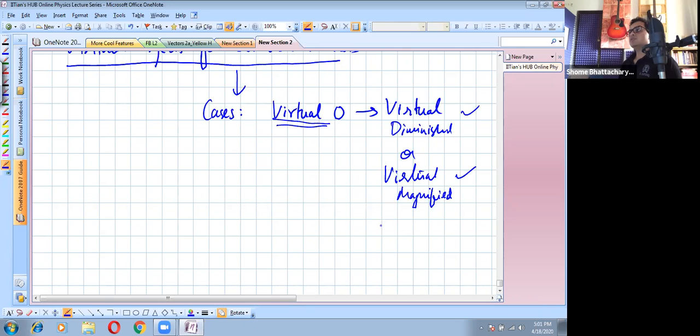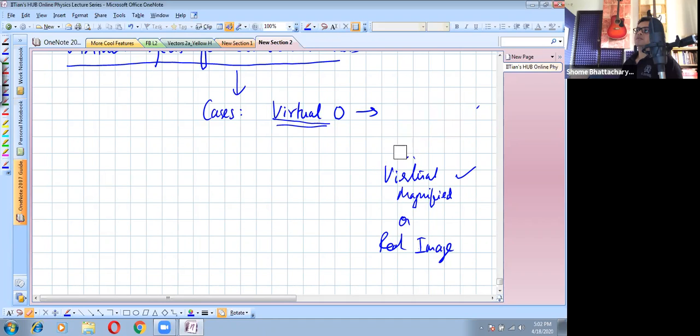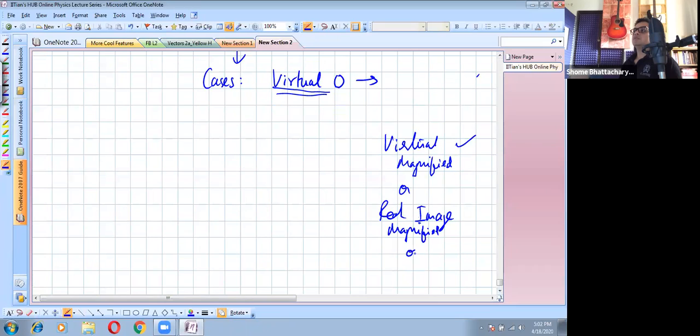Okay. It can also give you real image. So interestingly, all these cases are possible. Sorry, just my mistake. Here it will either give you virtual magnified, or it will give you real image which is magnified, or it will give you real image which is diminished.